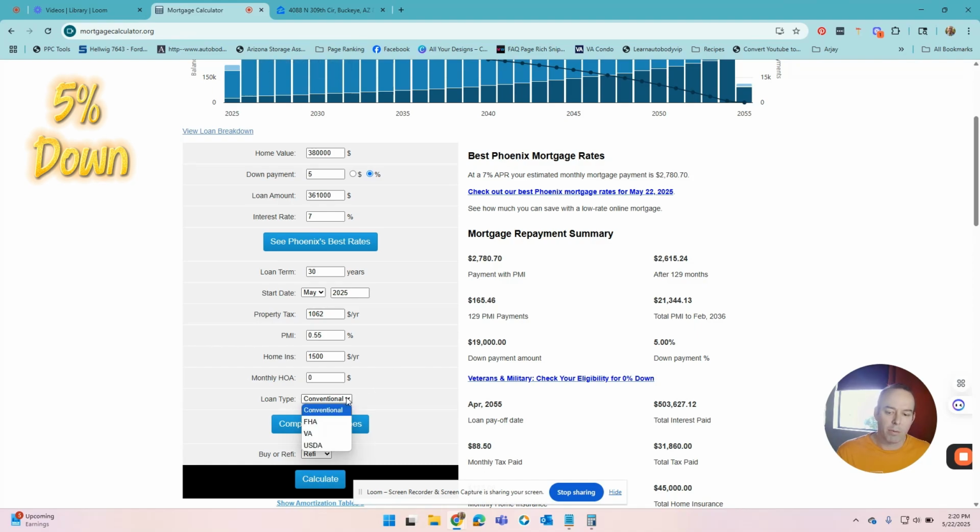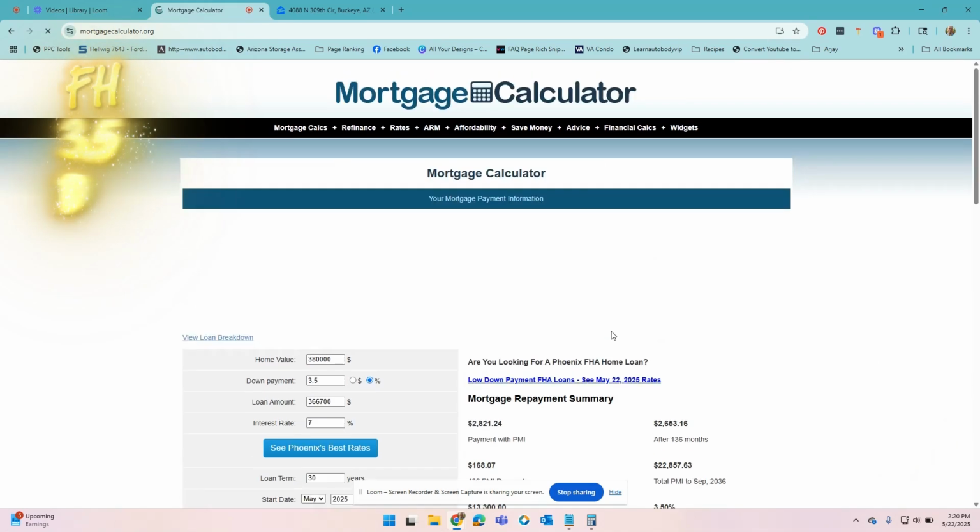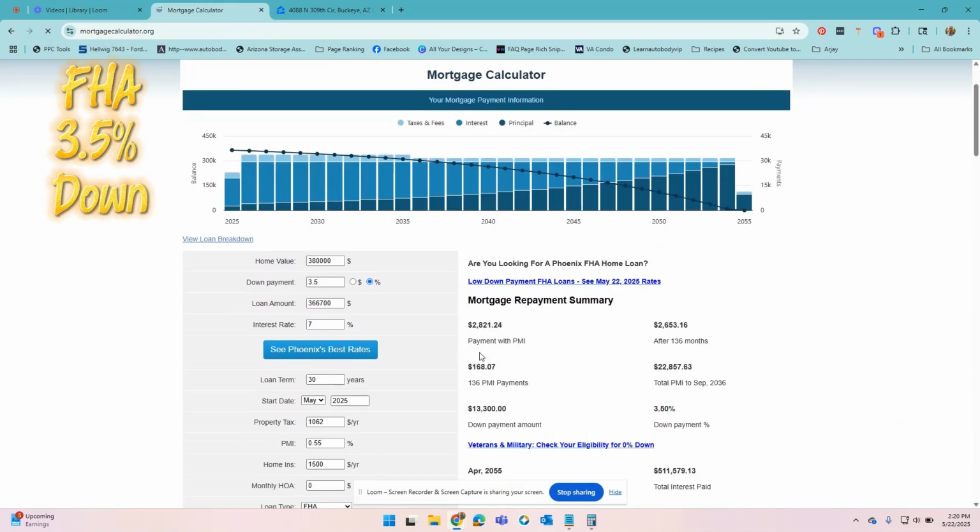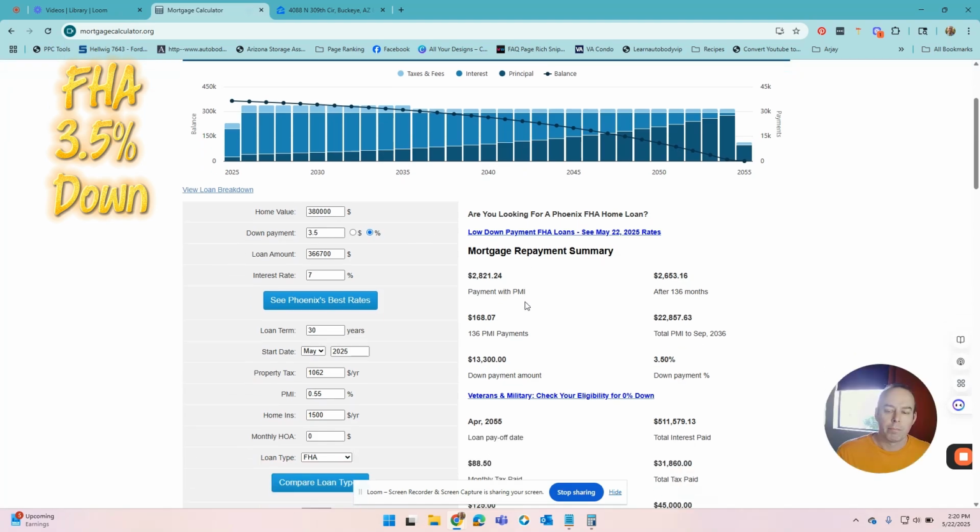We'll do an FHA one real quick. And this is going to be the FHA standard mortgage insurance as well, 3.5%. And keep this 2780 in mind. And this is the buy. So let's do that. So slightly lower down payment, slightly higher payment, and that's probably about the difference for the payment.